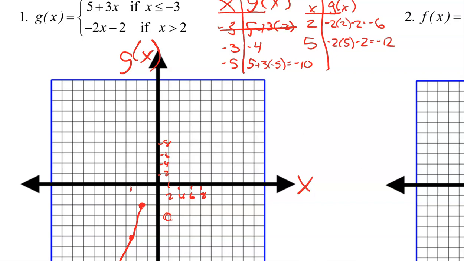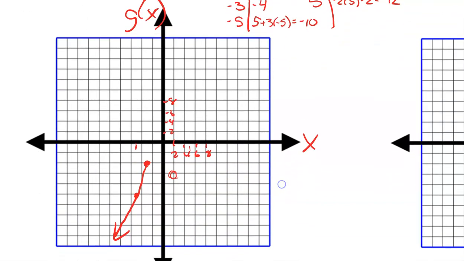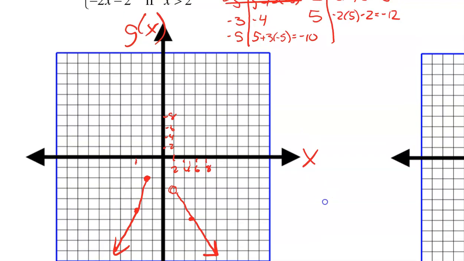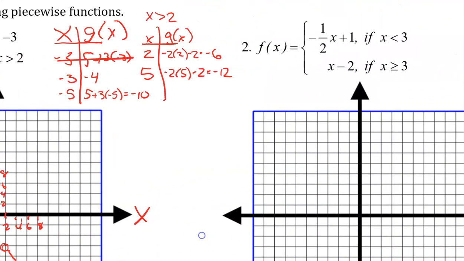So just slightly bigger than 2. And then for x equals 5, we'll go down to -12. And this portion of the graph applies for all values x greater than 2. So we'll draw our arrowhead.